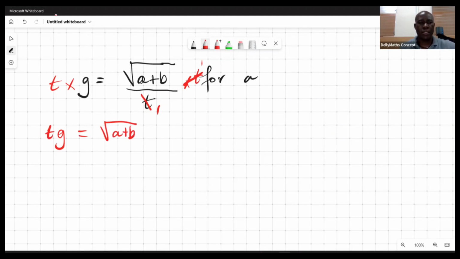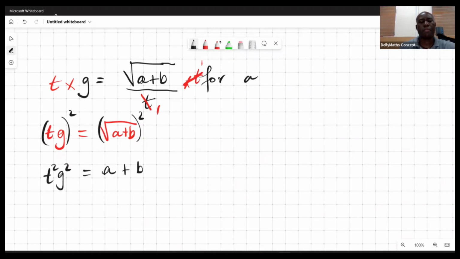So in looking at this, now we want to access the a, and the a is completely under the square root sign. We want to employ using the square. To get rid of the square root sign, we're going to square both sides. So then we would have t square g square is equal to a plus b.